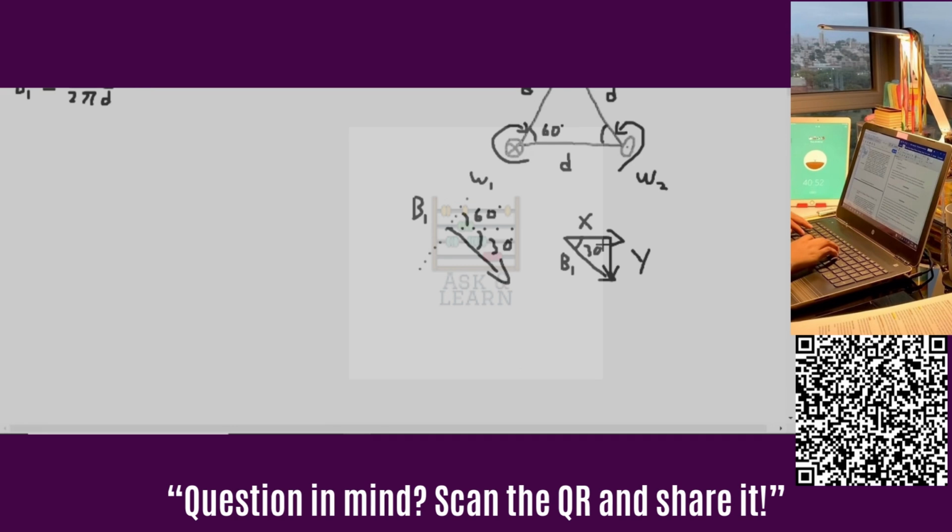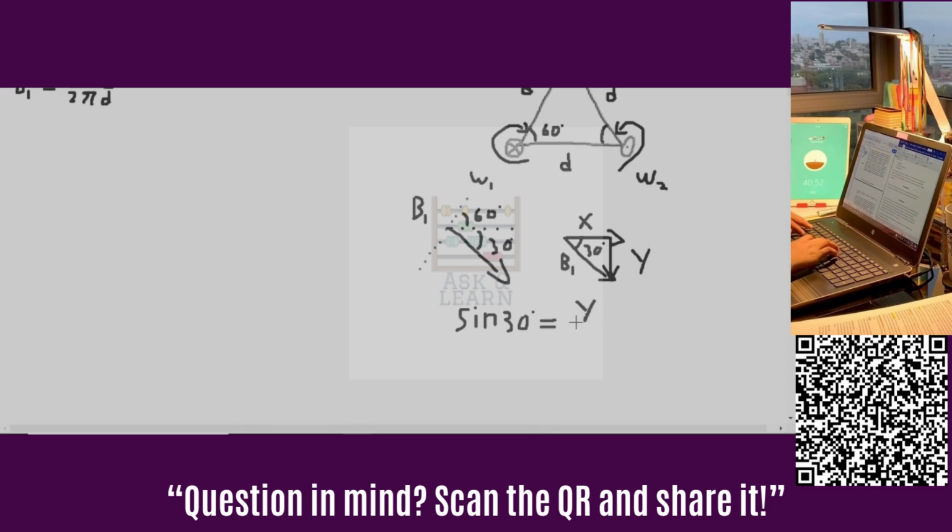So let's deal with B1 first. We have our diagram here. Now we know B1, and we want to know what this Y value is, which is the opposite of this angle, which means we probably want to use sine. So sine of 30 degrees gives you the opposite over the hypotenuse, which in this case is Y over B1.